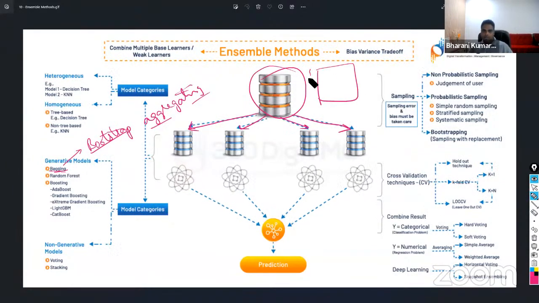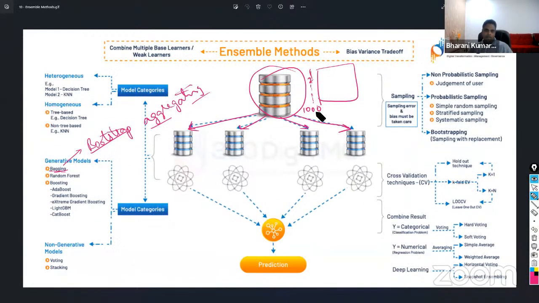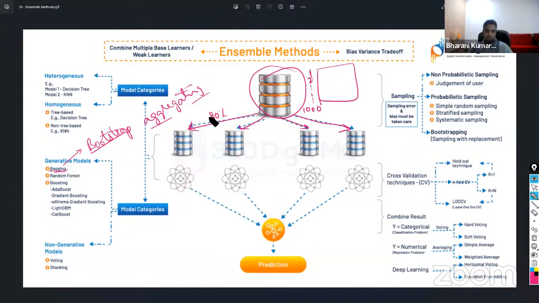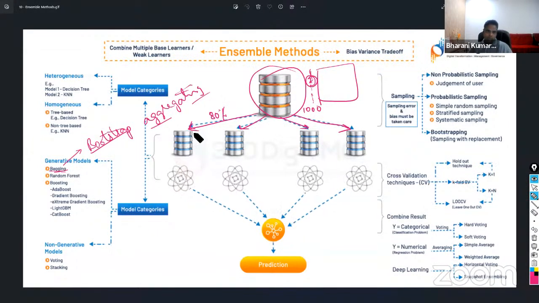If you have, say, 1,000 observations in your underlying data, and you're trying to take, say, 80% of the data into your training, and you're doing that randomly, say observation number 2 would be part of this.